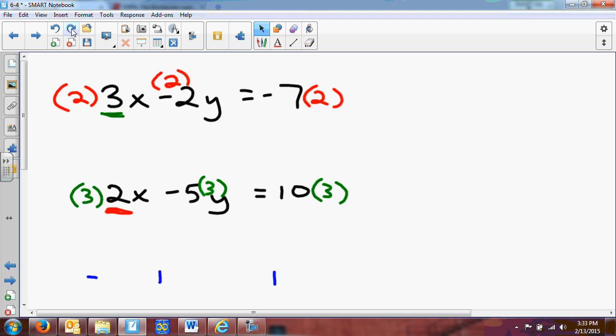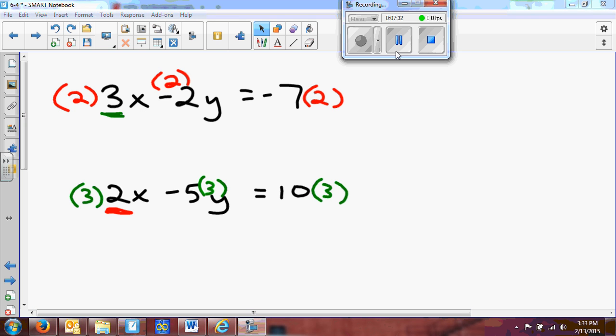I'm going to take these two, use this 3 across here, and use this 2 across here. Let me rewrite this real quick.